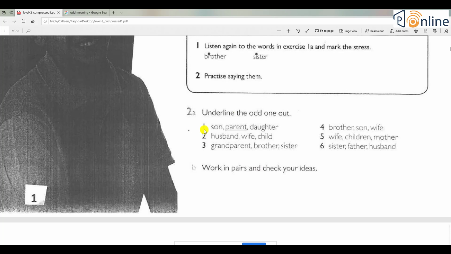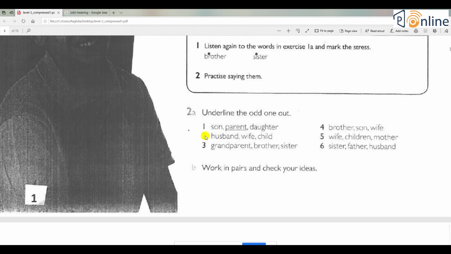So number 1, you have an example: son, parent, daughter. As you see here, the odd one out is parent, because son and daughter are both children. They have the same meaning. And this is why parent is underlined, meaning that it doesn't fit at all.